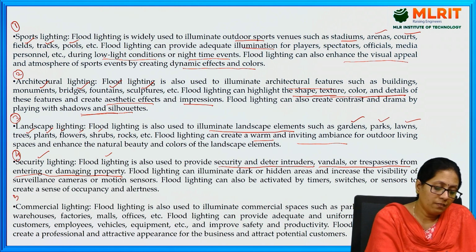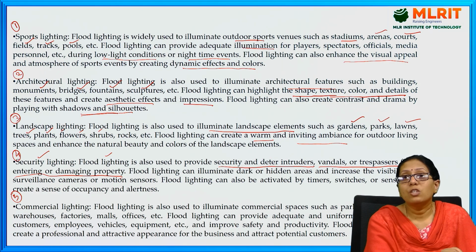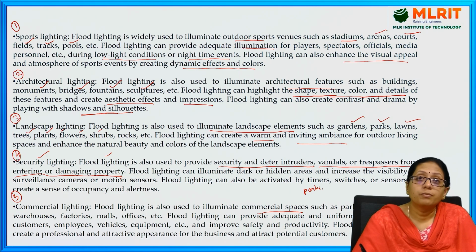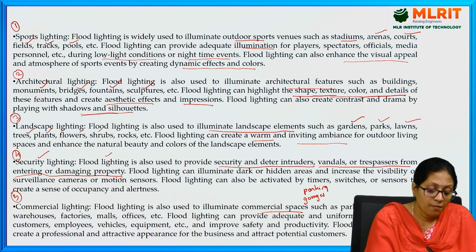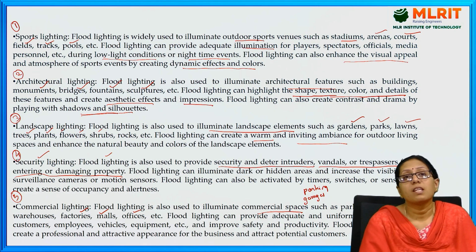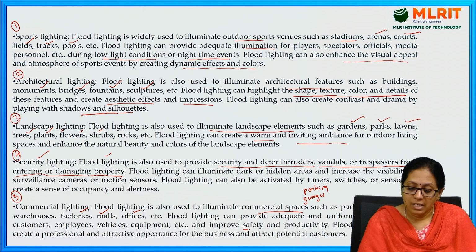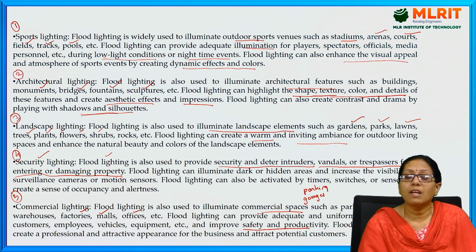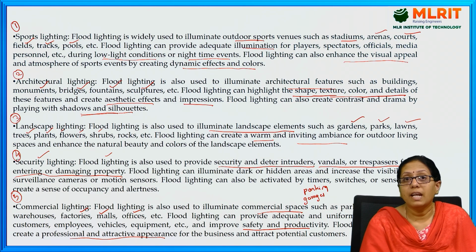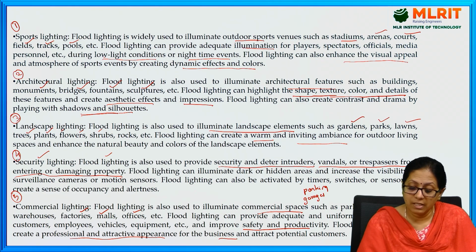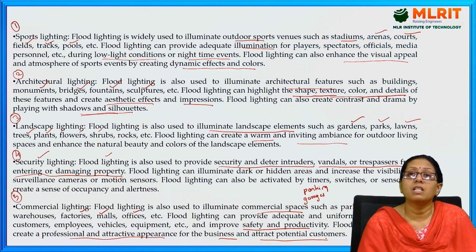Next one, the fifth one, is commercial lighting. Flood lighting is used to illuminate commercial spaces such as parking places, garages, warehouses, factories, malls, offices, etc. So for commercial buildings, complexes, shopping malls also, this commercial lighting system is being used to increase safety as well as productivity and create a professional and attractive appearance for business or to attract potential customers also.